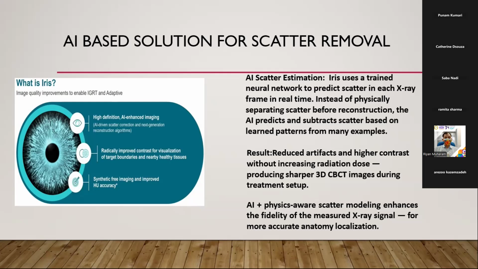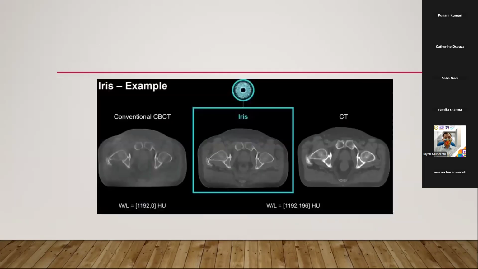Iris is used by Elekta. Iris uses a trained neural network to predict scatter in each X-ray frame in real time. Instead of physically separating scatter before reconstruction, the AI predicts and subtracts scatter based on learned patterns from many examples. So this is software utilizing AI; it will predict and remove the noise.